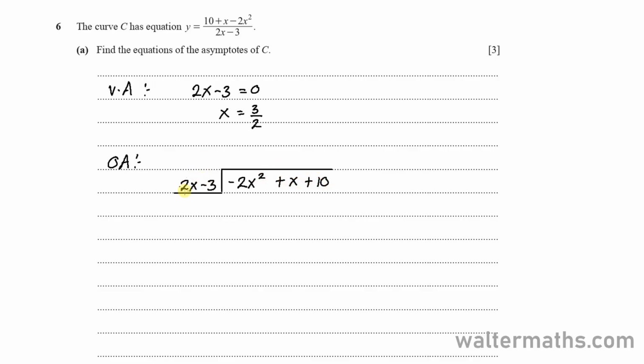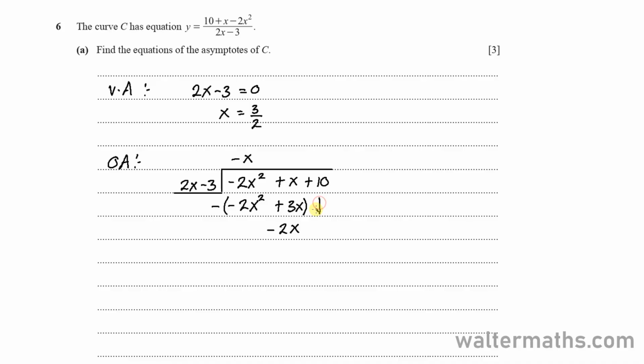Now we divide 2x into minus 2x squared, and we get minus x, and multiply minus x by 2x minus 3. So that's minus 2x squared plus 3x. And I'm going to subtract. So minus 2x squared minus minus 2x squared is 0. Then x minus 3x is minus 2x.